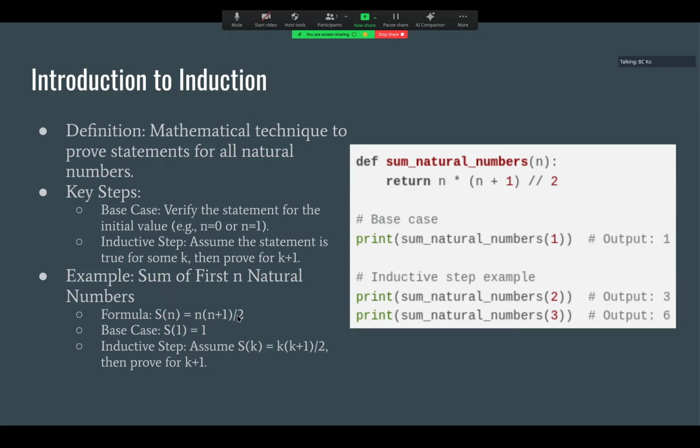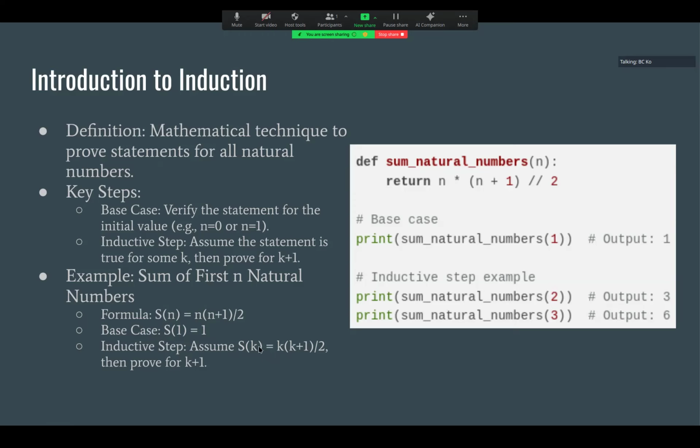For the base case, when n equals 1, S1 equals 1, which matches our formula. For the inductive step, we assume this statement holds for n equals k.